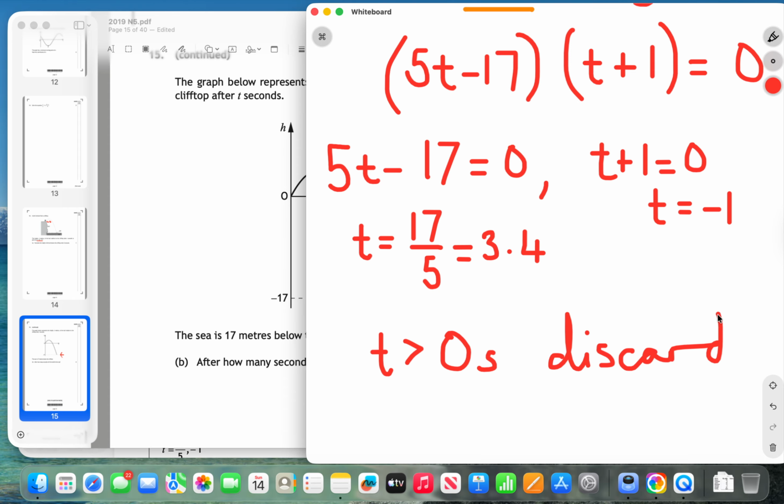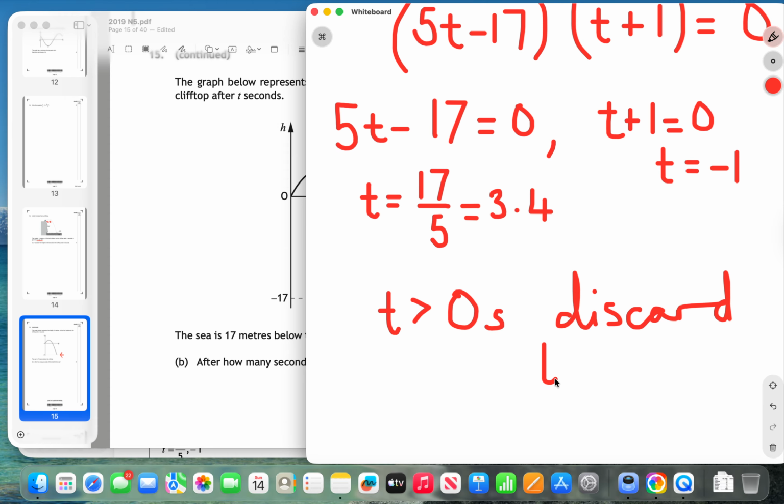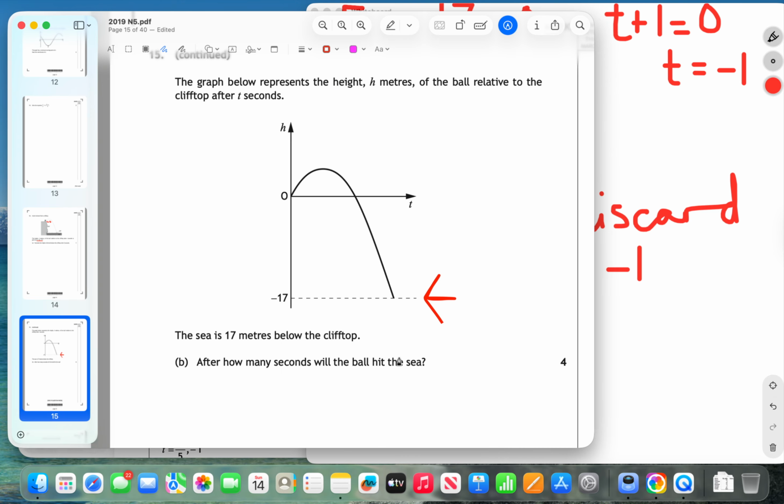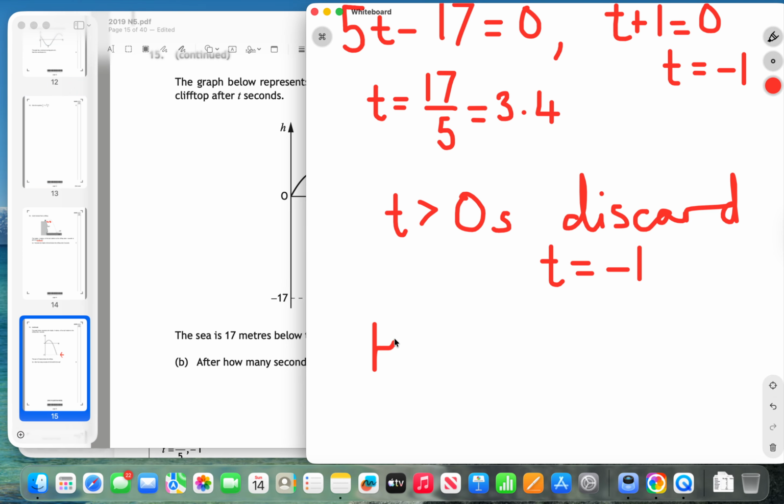Doesn't make much sense. So t has to be greater than 0. So we say t is greater than 0, and we have to discard t equals minus 1. So discard t equals minus 1.